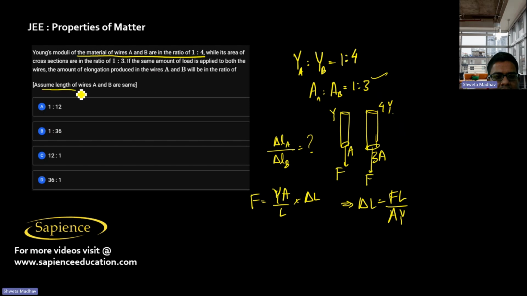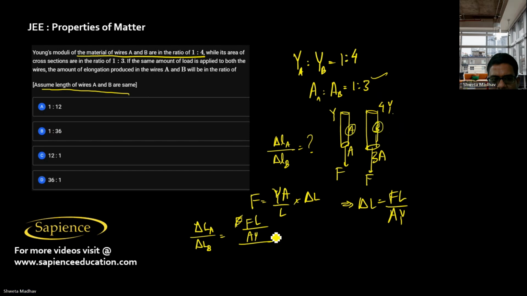And here it is told assume lengths of wires A and B are the same. So therefore delta L A by delta L B will be equal to, the force is also the same, FL by area A into Y, divided by the same for wire B.